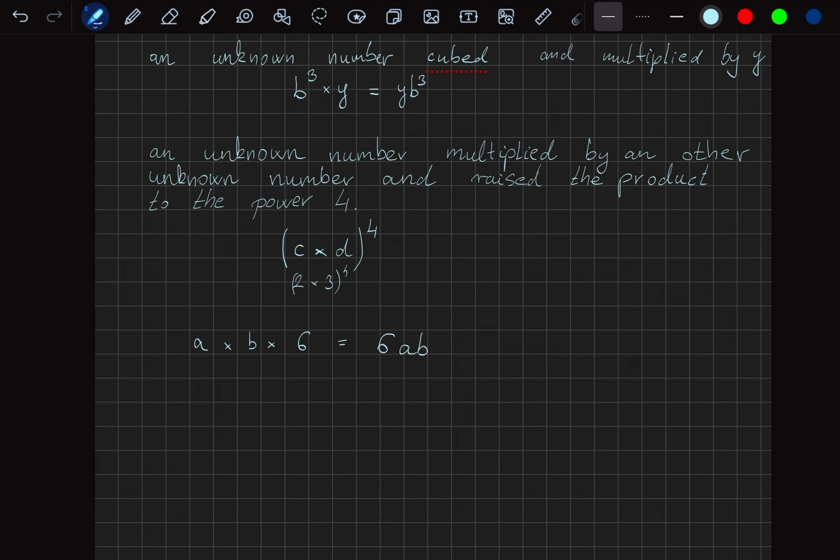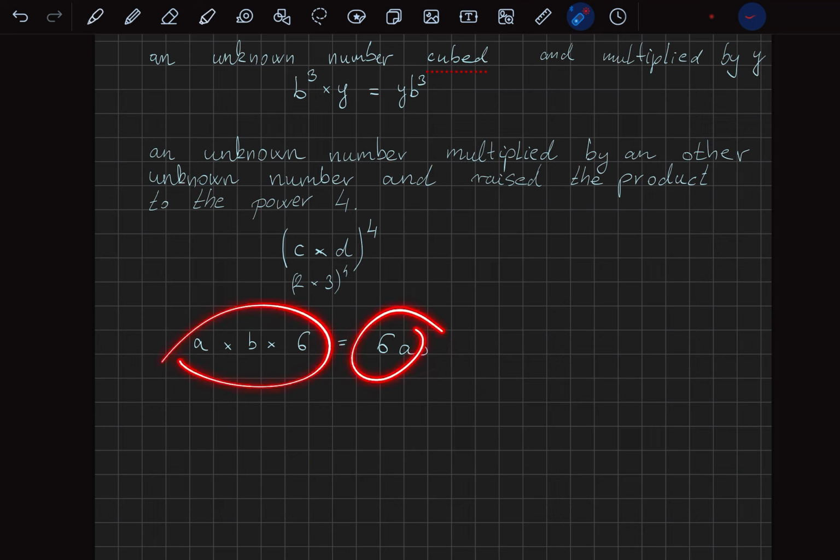Because if we have a problem like collect the like terms or write in the simplest form, it is much easier to complete if we collect things in this form.